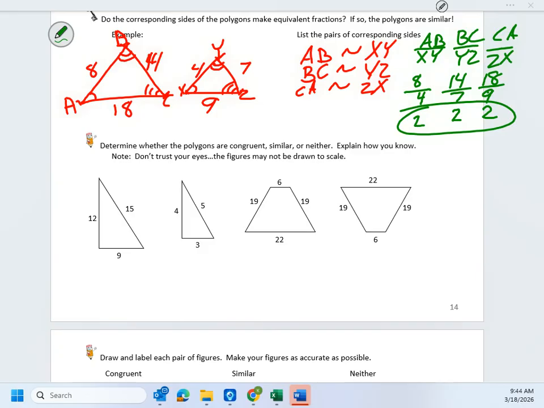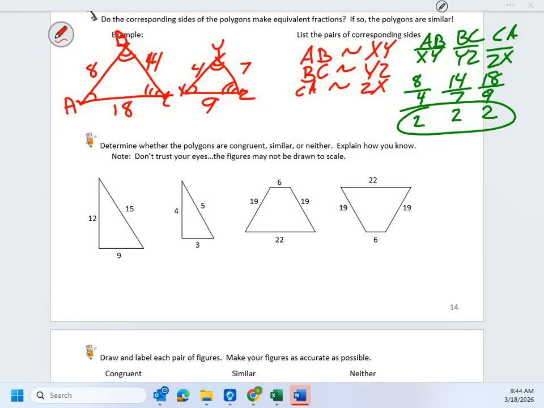It's not congruent and it's not similar. Because we can have two triangles. They're both triangles, but they are not congruent. They are not similar, right? So we have to prove that something is similar. We have to show the math that those corresponding sides are all proportionate.